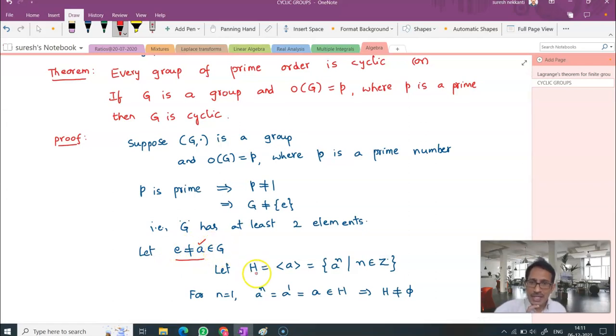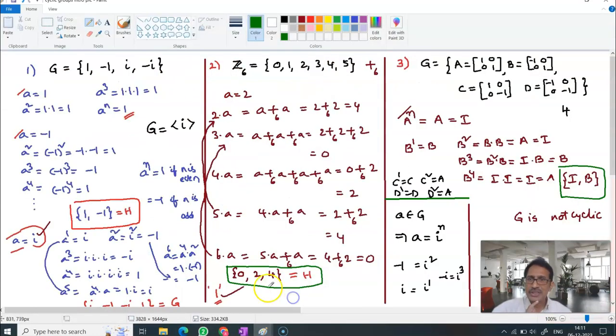Now what I am taking here is H, which is a subset of G. I will tell you why. H is generated by A. So let us see these examples. For example, when you take A equal to -1 and generate a set, that means you raise -1 to different powers, then it gives rise to a set H. What is this H? 1, -1.